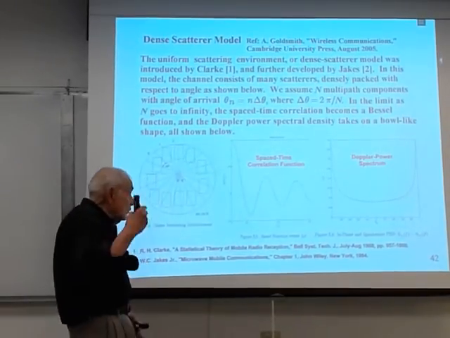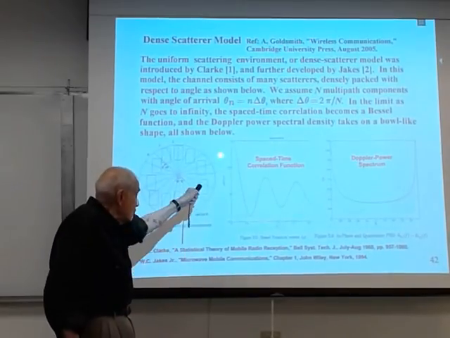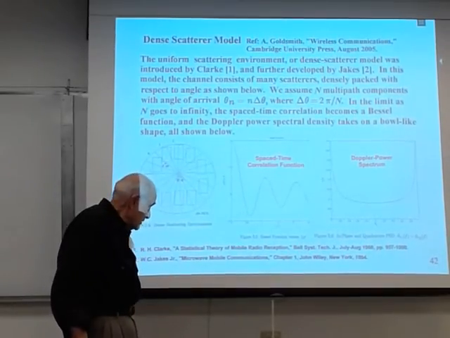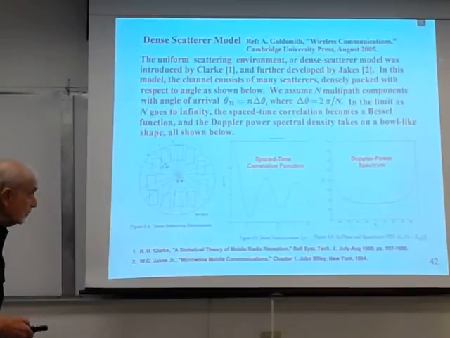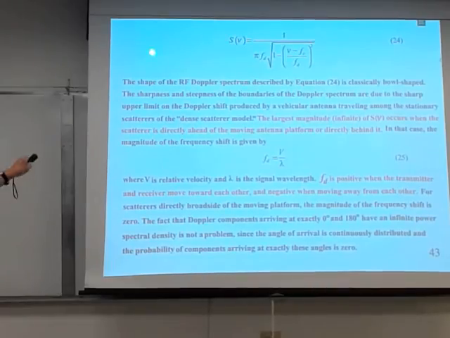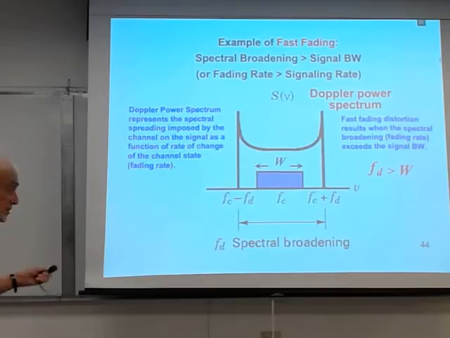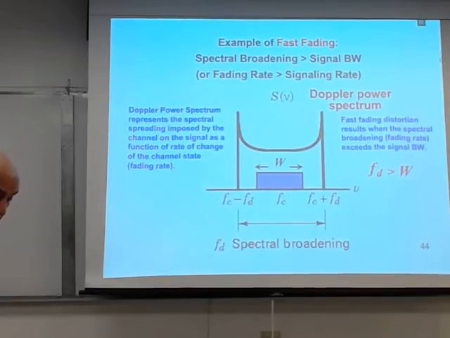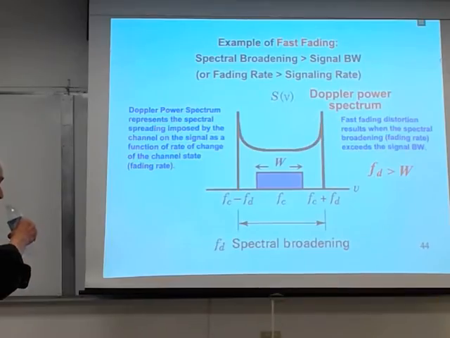We won't dwell on it, but the space-time correlation function takes on this Bessel function, and the Doppler power spectrum takes on this washbowl effect. I'm using the pictures here, but to understand where they came from, I've given you the references.